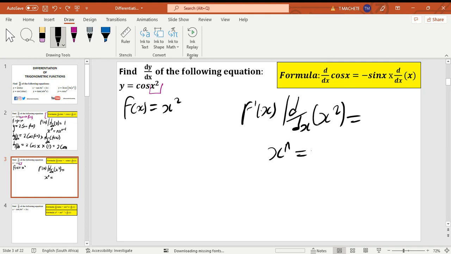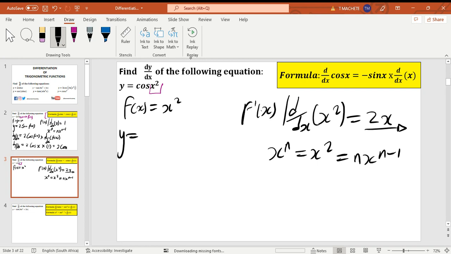So it's more like x to the power 2. Then the formula that you use is n x to the power n minus 1. It's the first formula in your derivative table. So our answer will be 2x. Our f prime of that will be 2x.